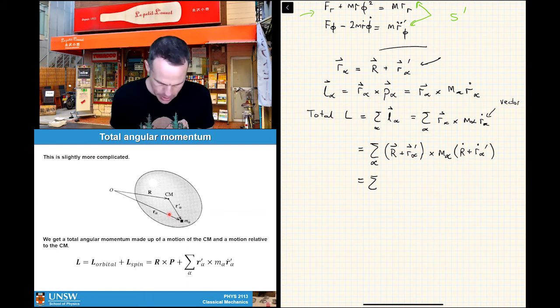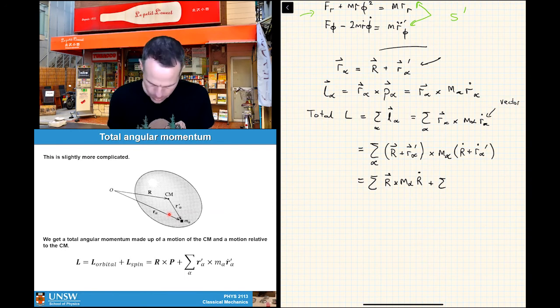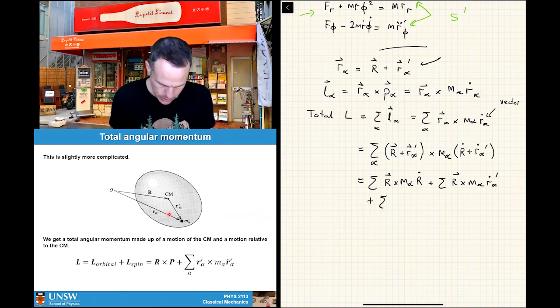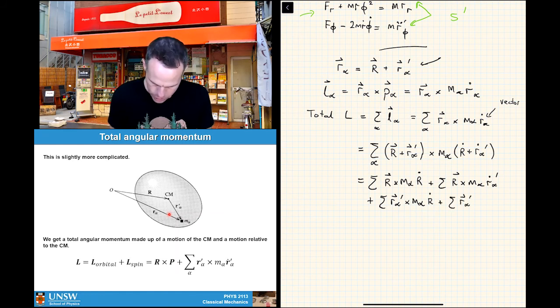So this is going to be R cross M alpha R dot plus sum R cross M alpha R alpha dot dash plus sum R alpha dash cross M alpha R dot plus sum R alpha dash cross M alpha R alpha dot dash.